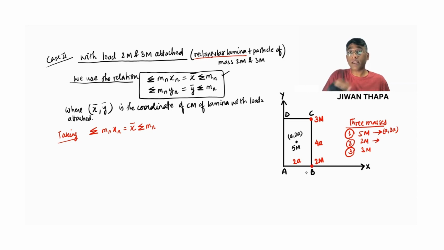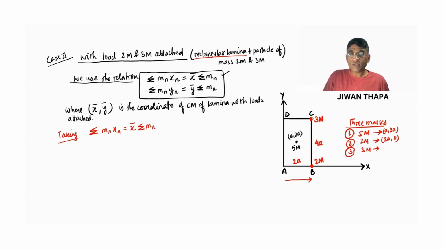We can see 2m is lying completely on the x-axis, so its x coordinate is 2a, and its y coordinate is 0.